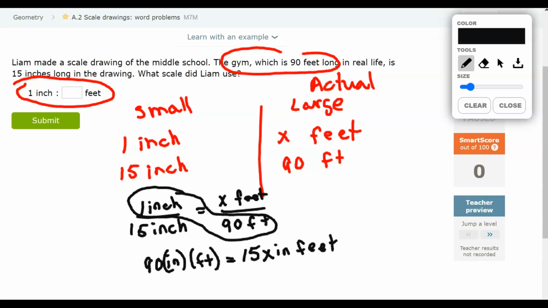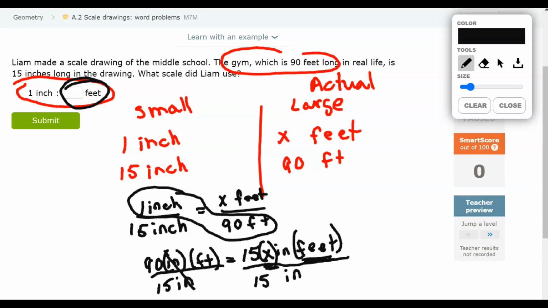It really doesn't matter, it's just if we do it the same way every time, it helps. So remember, I'm trying to solve for feet, and I'm trying to find that x. That is here and here. So I'm going to divide everything on this side by that 15 inches. I'm going to keep the x and the feet. Whatever I do to that side, I'm going to do to this side.